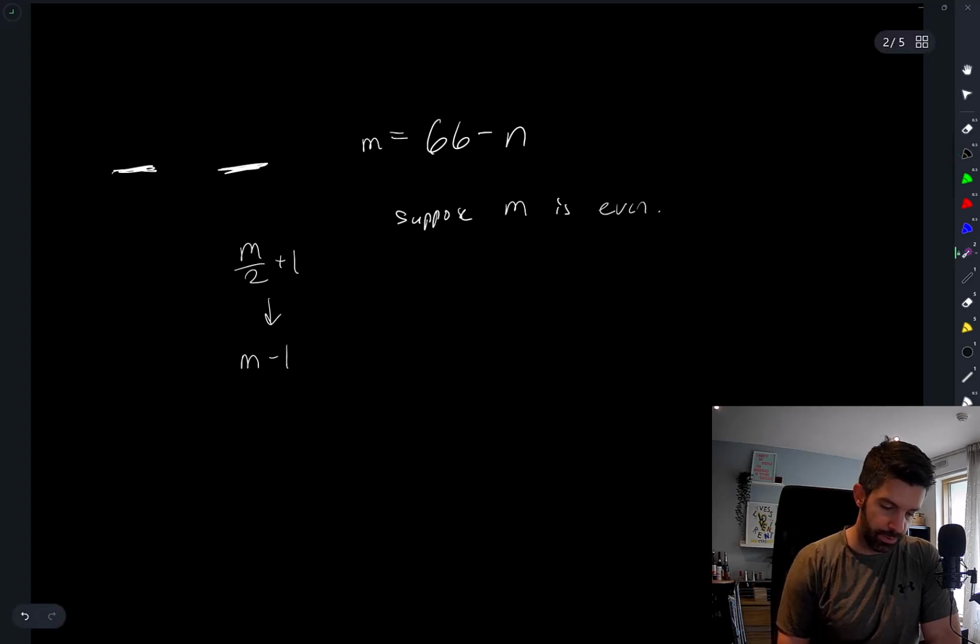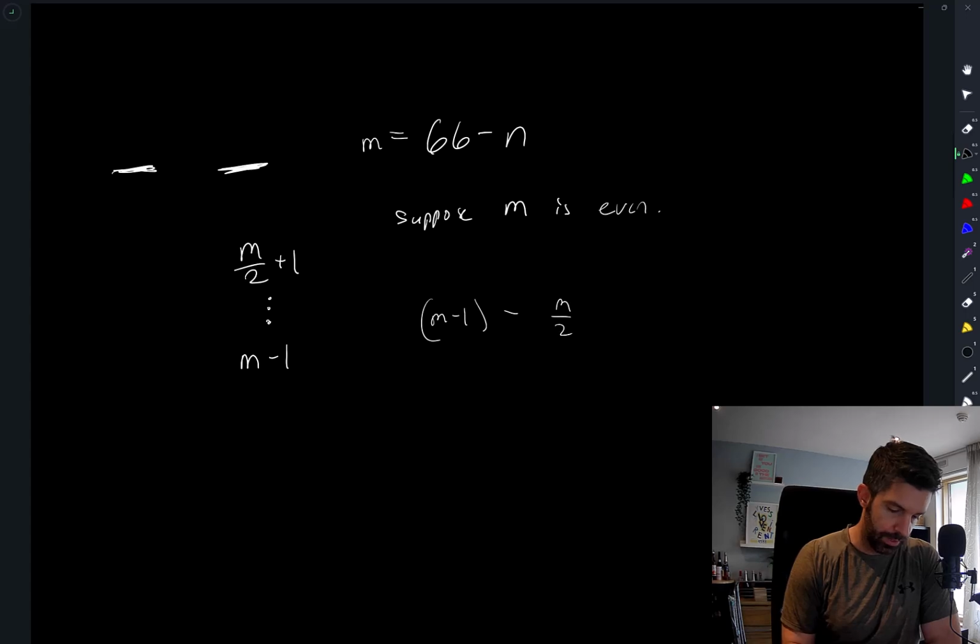So the number of numbers in this list, let's not mark it with an arrow. Right, that's the smallest, that's the largest. The number of numbers here is m minus 1 minus m over 2 plus 1 plus 1.